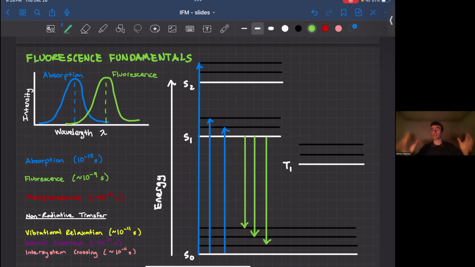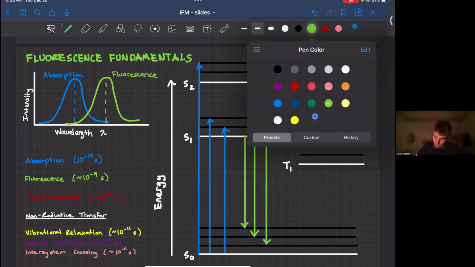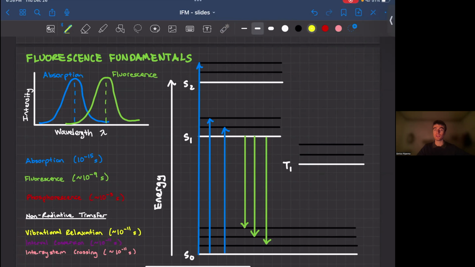To have a complete look at the Jablonski diagram, we also need to draw the non-radiative transfers. So the first is vibrational relaxation, which happens from high energy vibrational levels down to the lowest level. This is one of the reasons why fluorescence occurs at the lowest vibrational energy level of that state, because vibrational relaxation is much faster than the timescale of fluorescence, which is around nanoseconds.